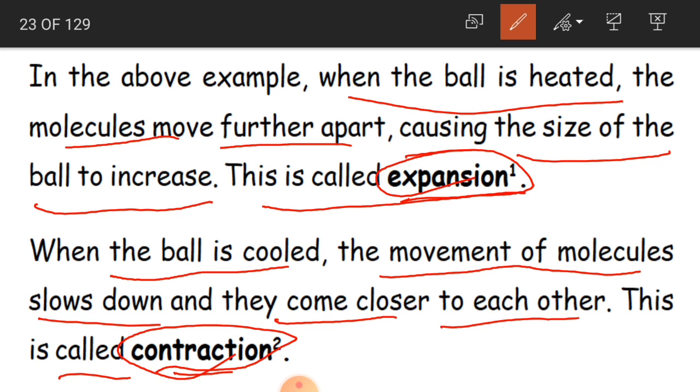When some substance is heated, especially the metal ball here, the molecules are going to move further apart, causing the size of the ball to increase. Any such increase in a substance is called expansion. And again, when the ball is cooled, the movement of molecules slows down and they come close to each other, and this is called contraction.